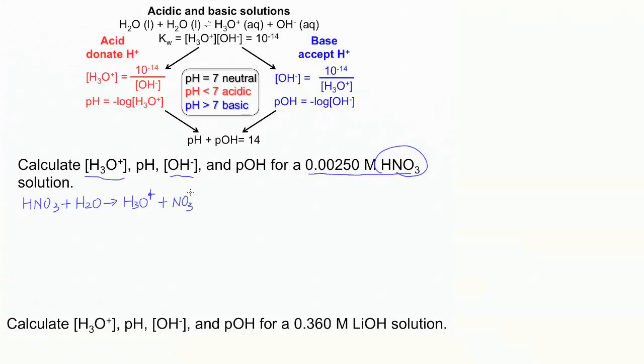Because this is a 100% dissociation, the concentration of nitric acid equals the concentration of hydronium. Therefore, you don't have to do any calculations to get the concentration of hydronium. So, nitric acid concentration equals the concentration of hydronium.